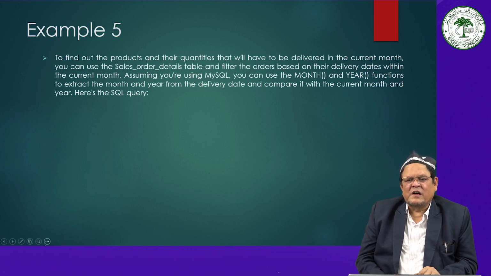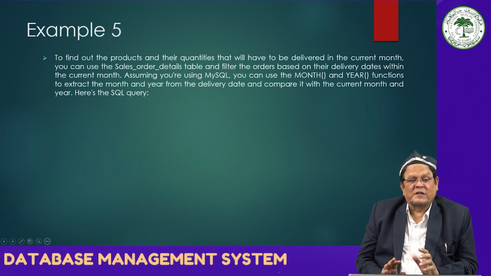So, the next example is to find out the products and their quantities that have to be delivered in the current month. You can use the sales order details table and filter the orders based on their delivery date within the current month. Assuming you are using MySQL, you can use the month or year functions to extract the month and year from the delivery date and compare it with the current month and year.